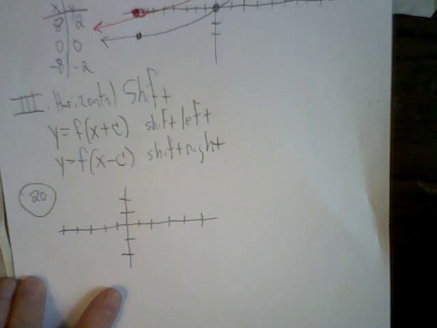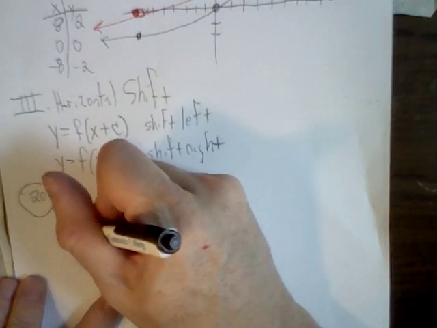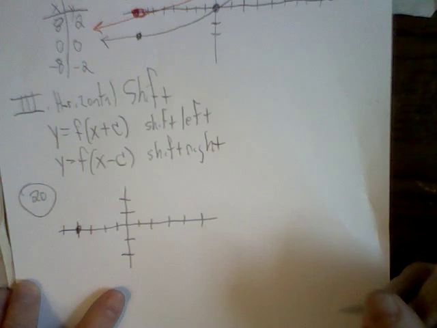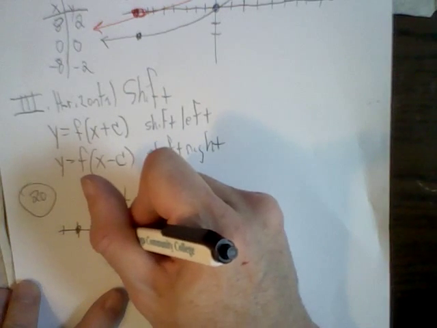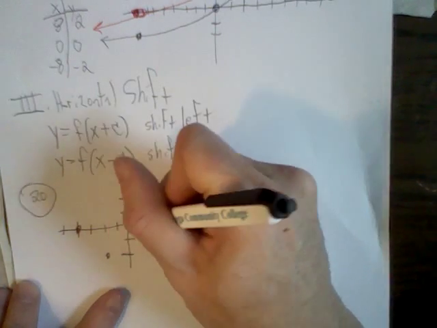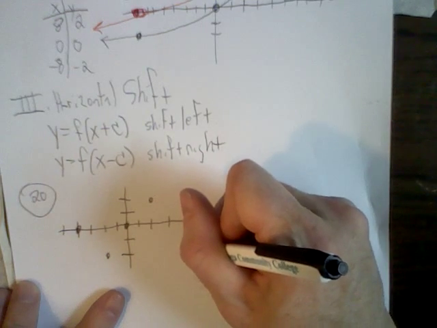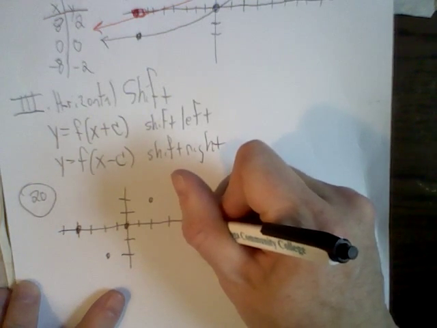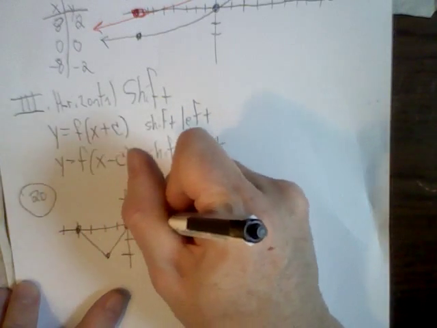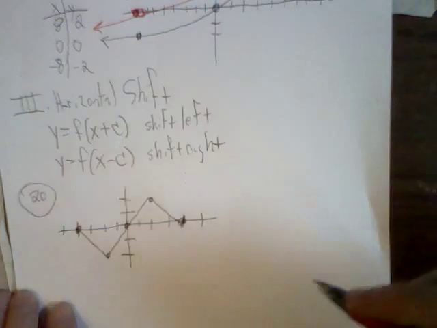The original graph goes 1, 2, 3, negative 4, 0, and then negative 2, negative 2, I believe, and then goes through 0, 0, and then 2, 2, and then 4, 0. So it looks like this kind of weird thing here.